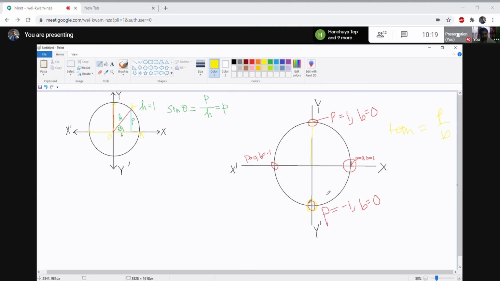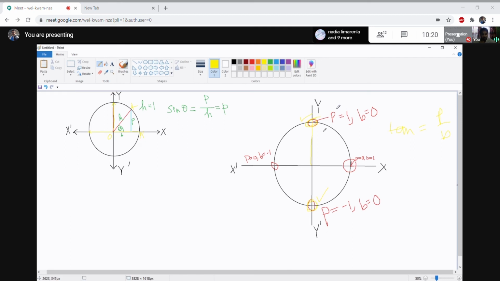Similarly, where sec is undefined, that is where base is 0, here and here, in these 2 points sec and tan are undefined.